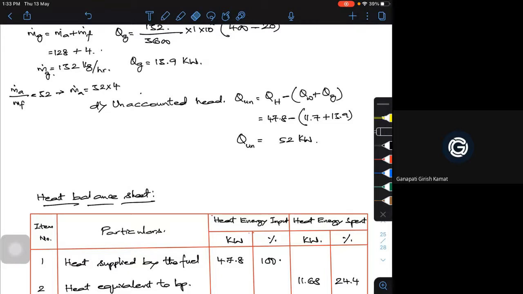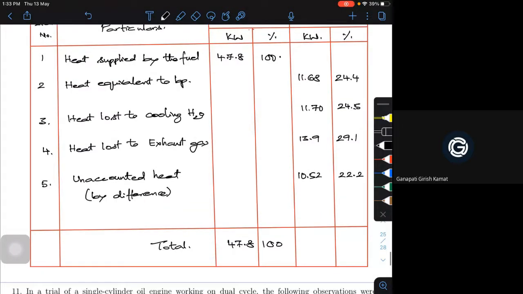I think I multiplied or something. So here also it's going to change. With 22.2 we'll get a higher number. Divided by 47.8, it comes to around 46.4%. Okay, that's fine. Maybe some problem with the calculator.